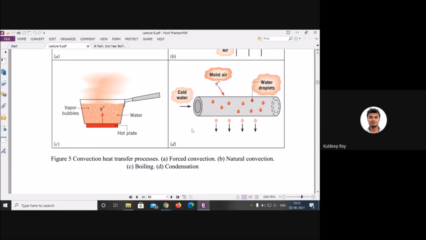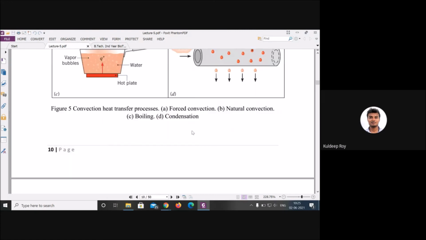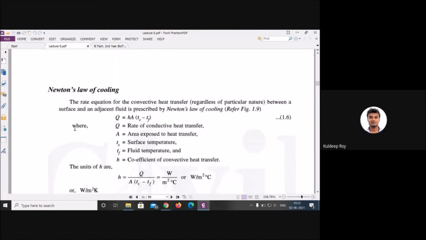I think you have got an idea that if you're talking about convection, there are 4 types: free or natural, forced convection, boiling, and condensation. Here, if you want to derive the formula, it is Newton's law of cooling, which is a very famous fundamental formula.